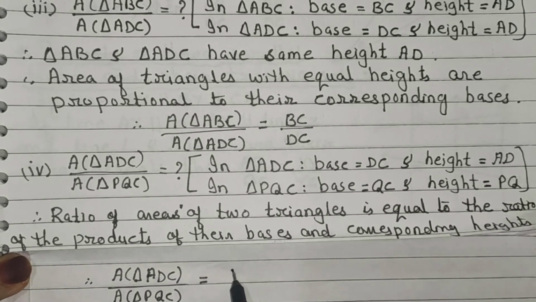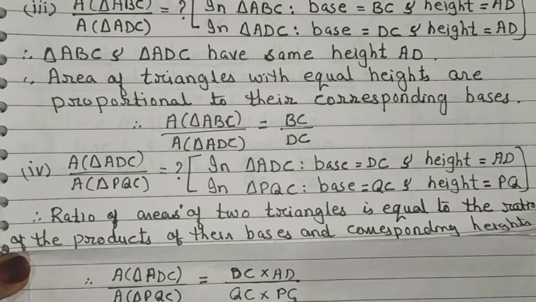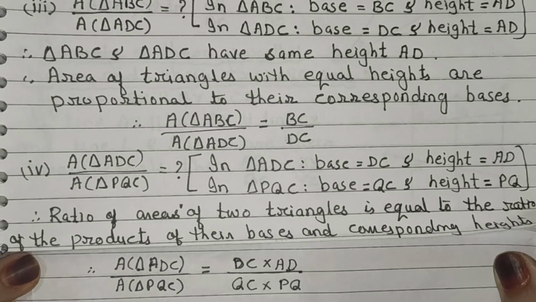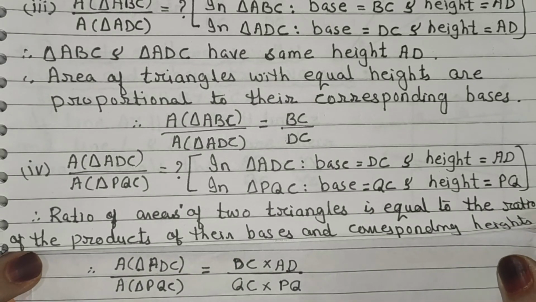Therefore, write down here DC into AD upon PQC: QC into PQ. It is the answer of the fourth question.